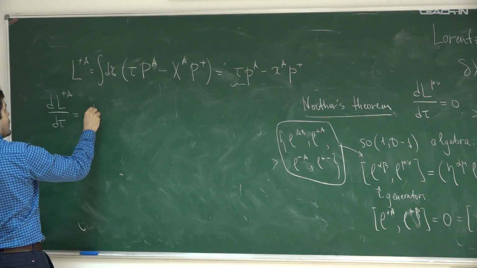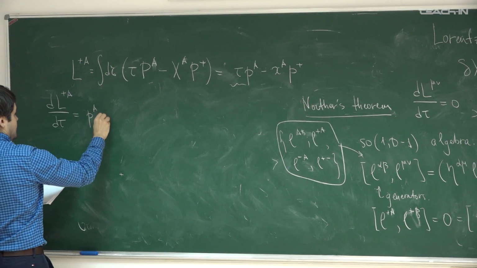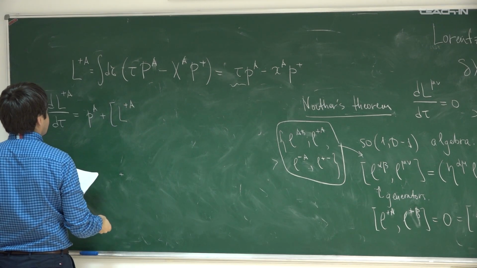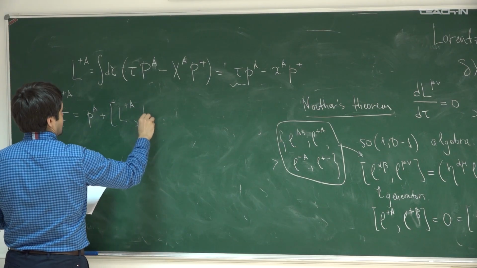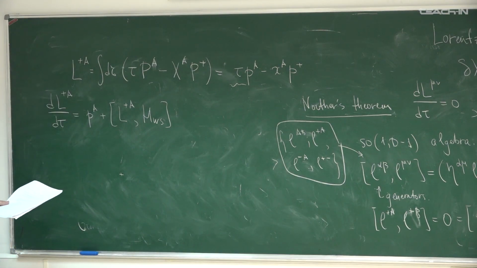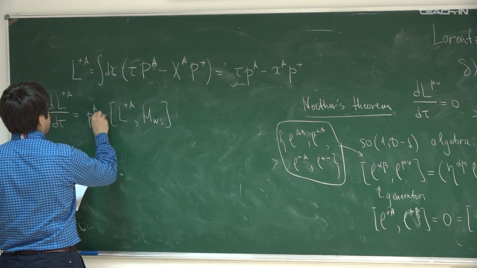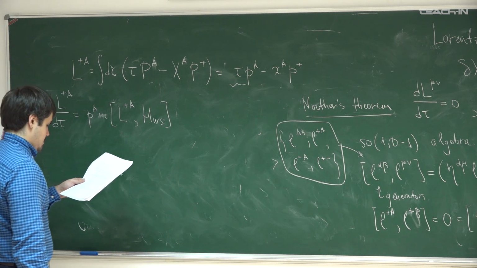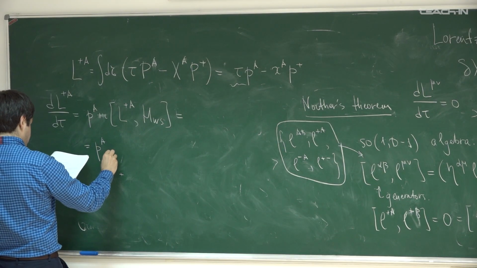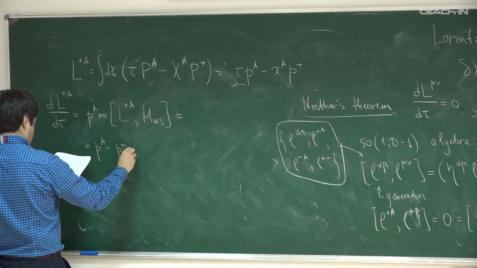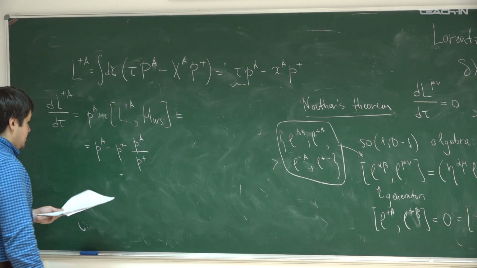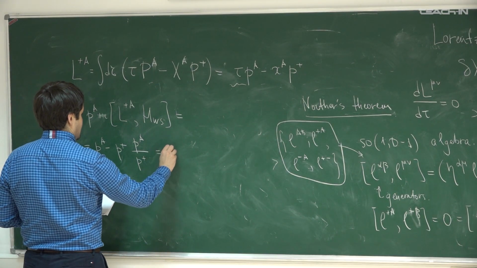So this is PA plus worldsheet Hamiltonian, maybe I here, and so this is PA minus P plus times PA over p plus. So this is 0.